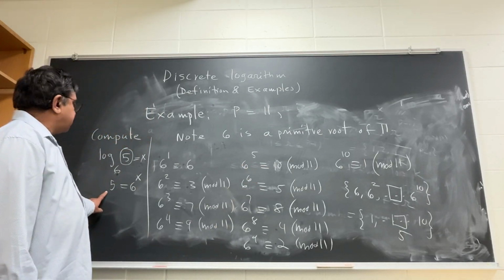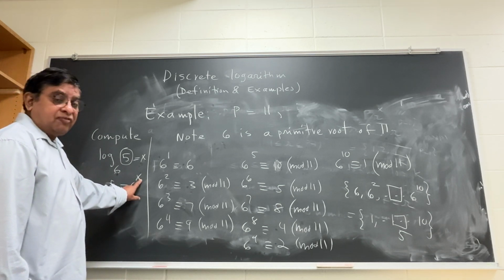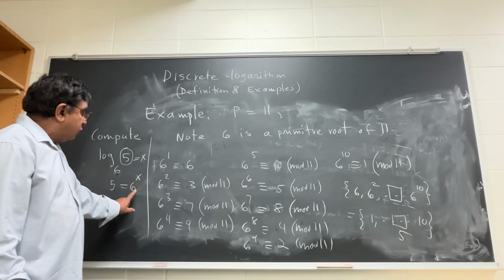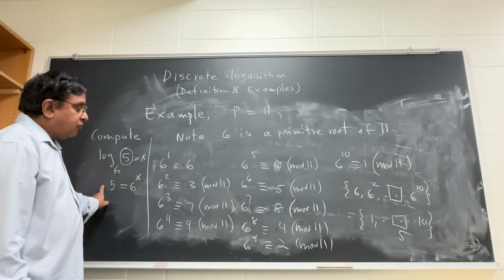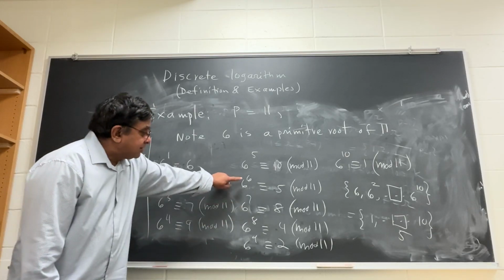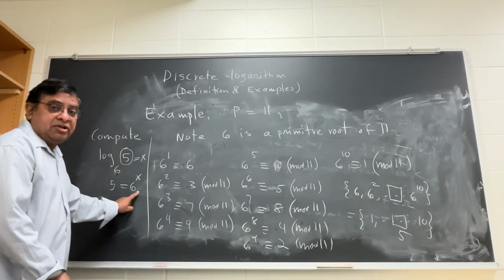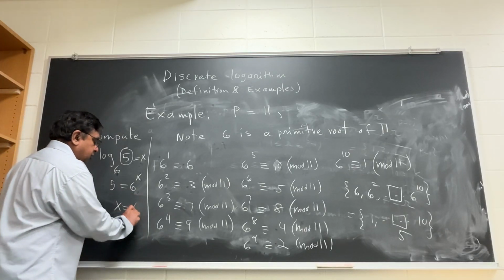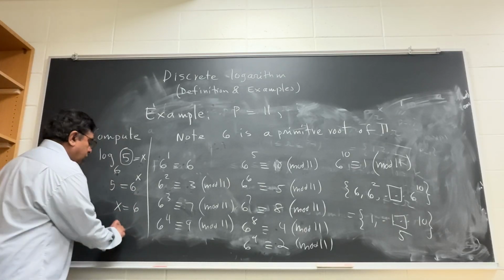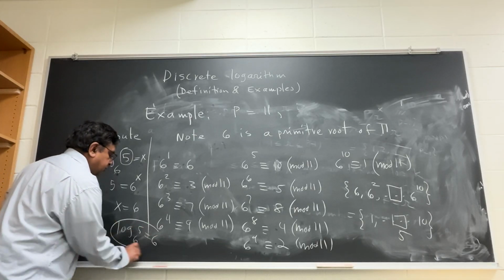If you look at this list, the 6th power of 6 will give you 5. Therefore, this x equals 6. In other words, log 5 to base 6 must be 6.